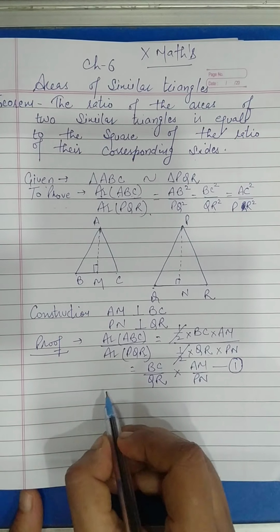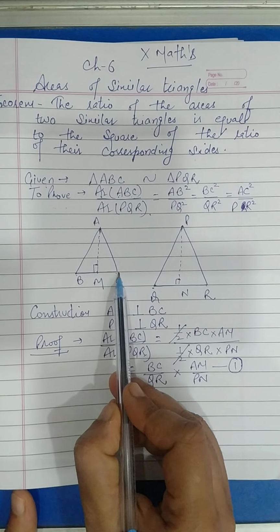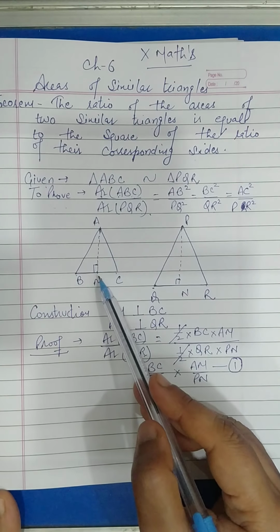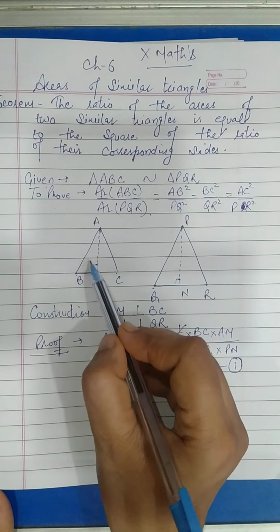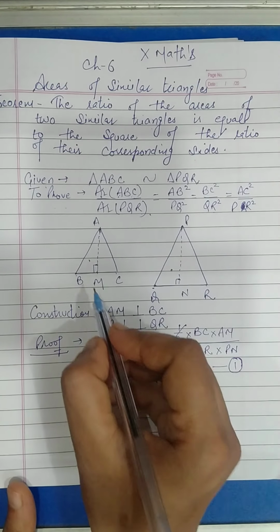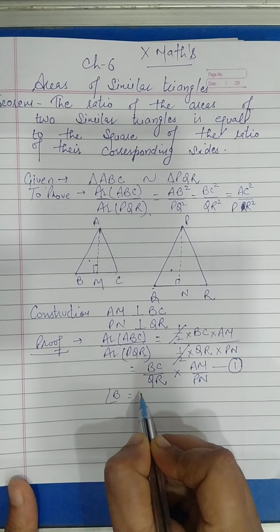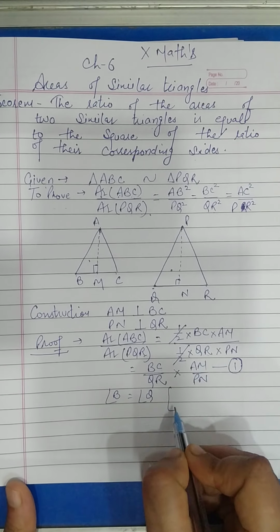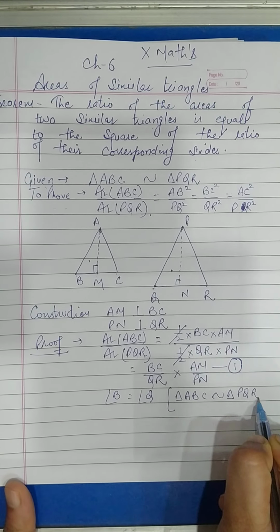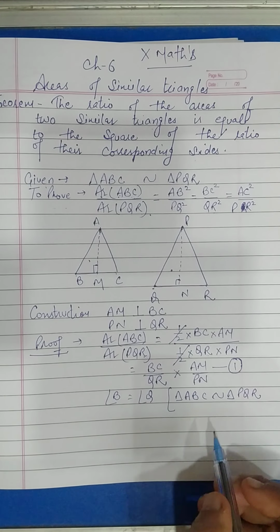For that, just see, what is BC? BC is one of the sides of the similar triangle, and AM is a height. If I am able to prove these two triangles are similar, we know that two triangles are similar by some criteria: SAS, AA, and SSS. So here we can say angle B is equal to angle Q. Why? Because triangle ABC is similar to triangle PQR, and when two triangles are similar, corresponding angles are always equal.